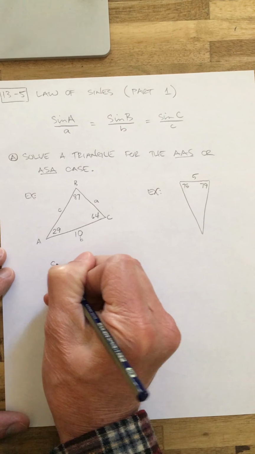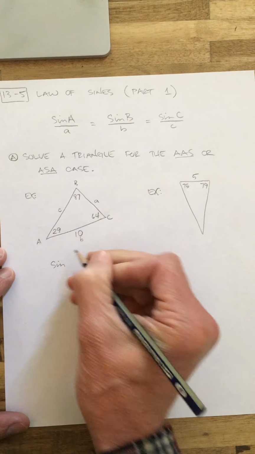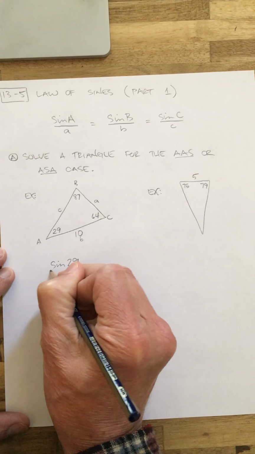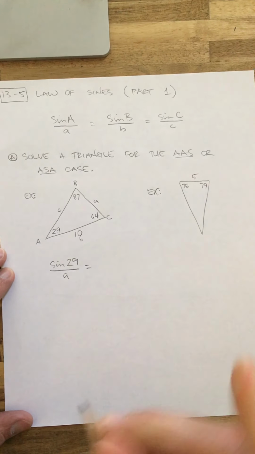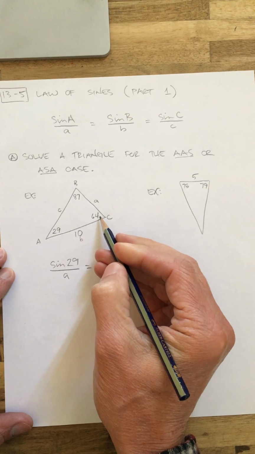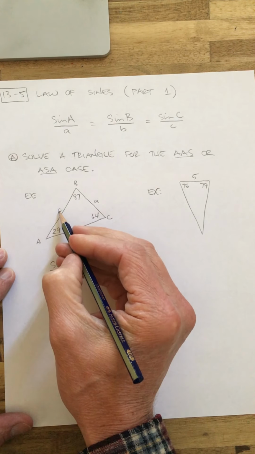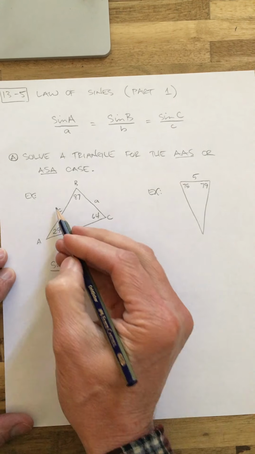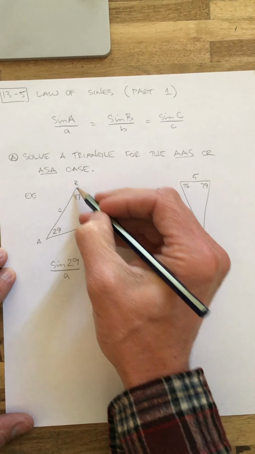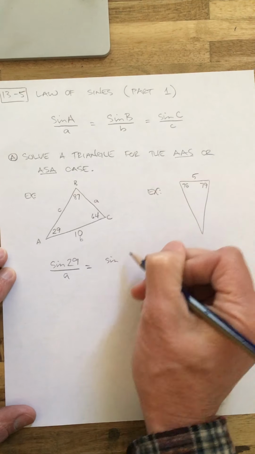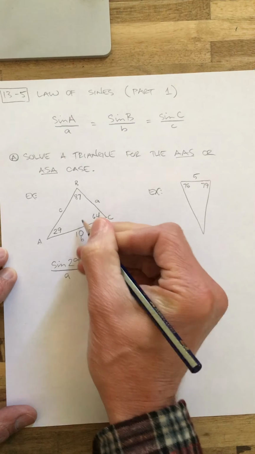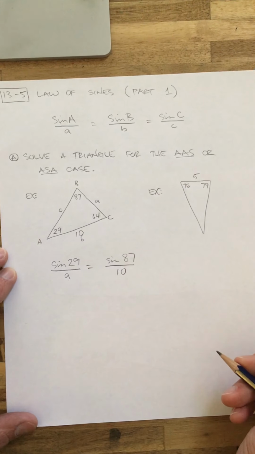I know that the sine of 29, okay, over this missing side A is going to equal, now I can't just say the sine of 64 over C, because I don't know A, and I don't know C, so I have to use the angle and side that I do know. So it's going to be the sine of 87 over side B, which is 10, okay?